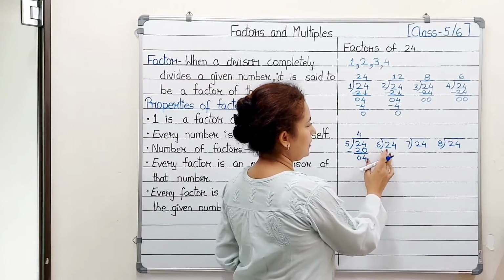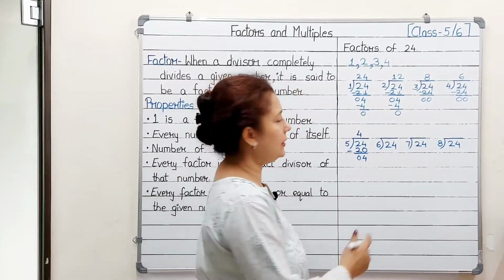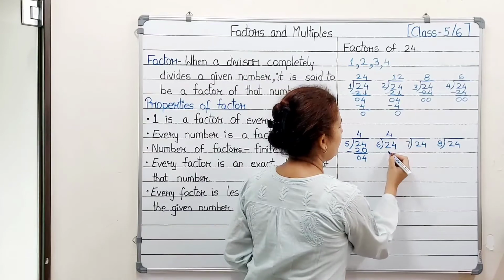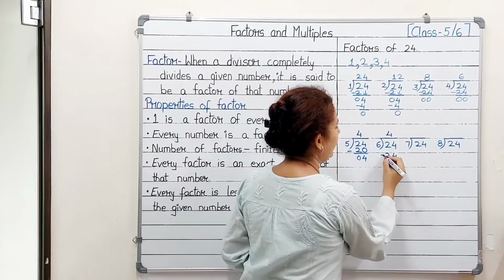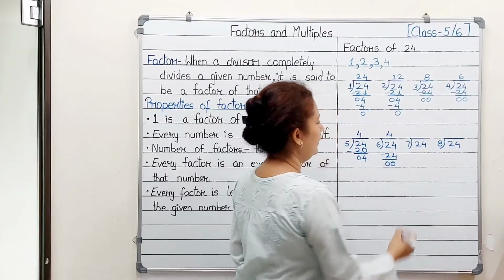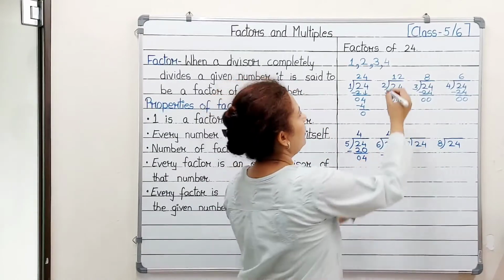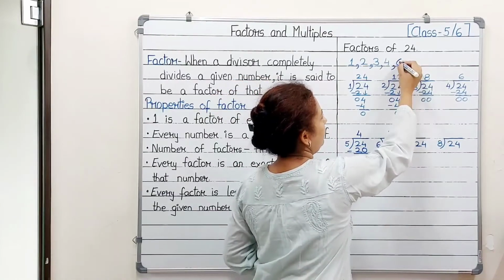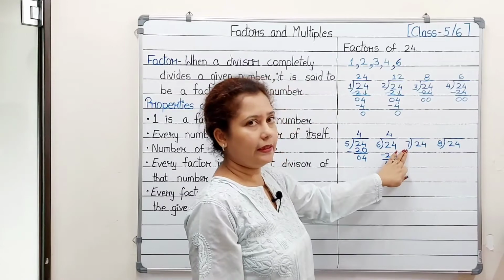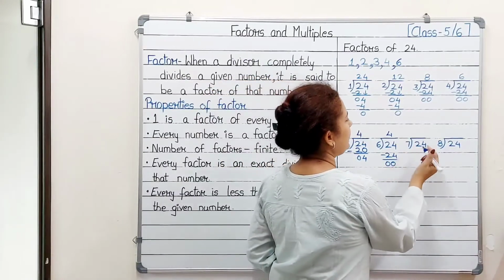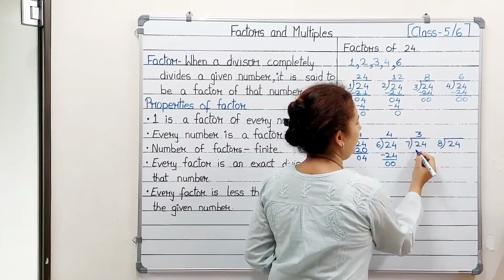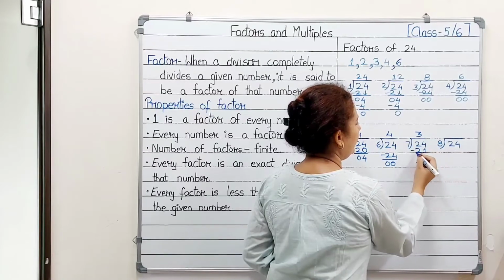Next is 6. When we divide 24 by 6, 6 into 4 is 24. So the remainder again is 0. That means 6 is a factor of 24. 7. When we divide 24 by 7, 7 into 3 is 21.